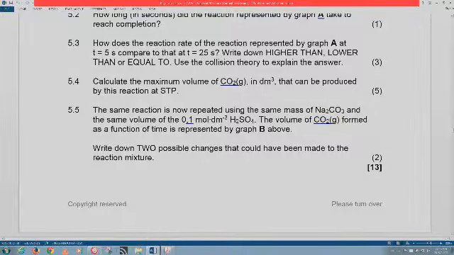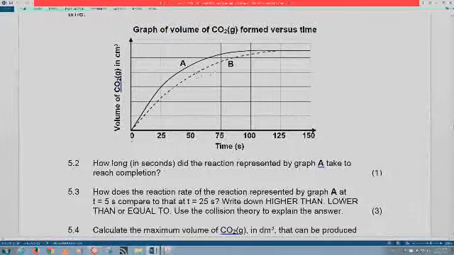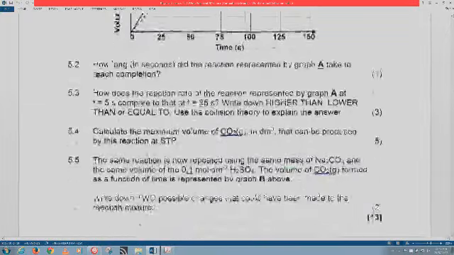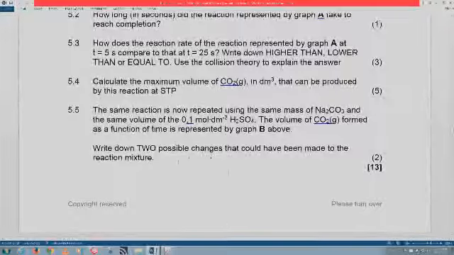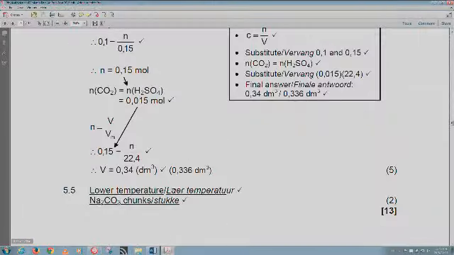And then write down 2 possible changes that could have been made to the reaction mixture. When you have a look there, graph B shows that the rate has decreased. Therefore, the 2 possibilities there could be the temperature was lowered or sodium carbonate chunks were used.